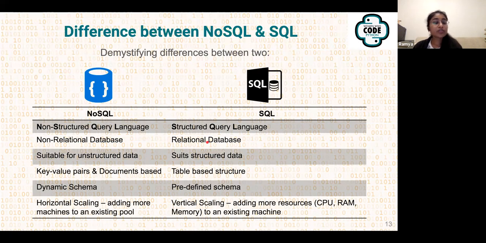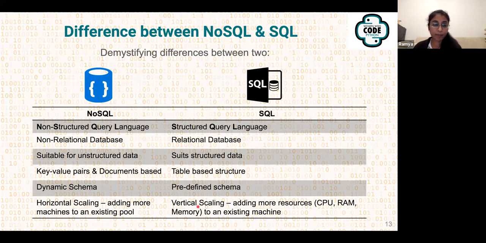NoSQL is suitable for unstructured data, whereas SQL is suitable for structured data. In NoSQL, the data is stored in key value pairs and is document based, whereas in SQL, it is a table based structure. And NoSQL has a dynamic schema, meaning it has no fixed schema, whereas SQL has a predefined schema.